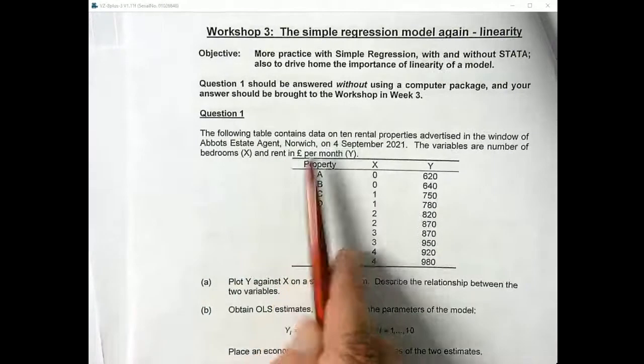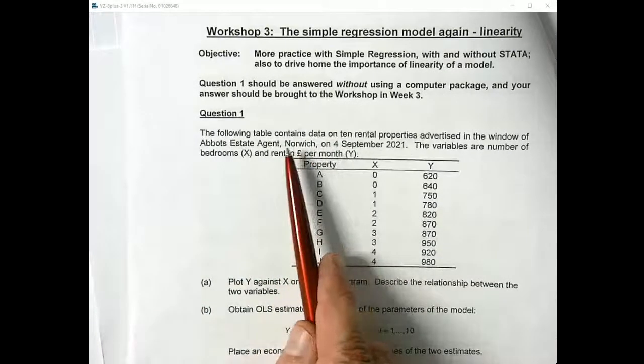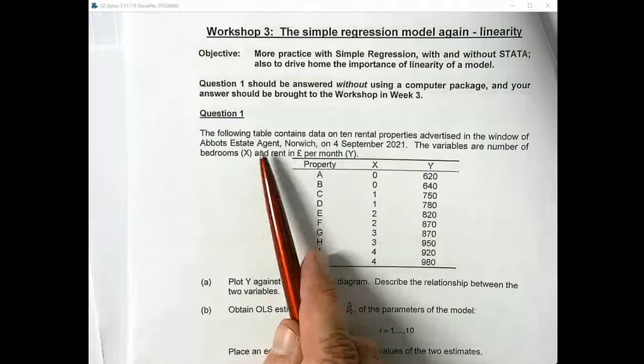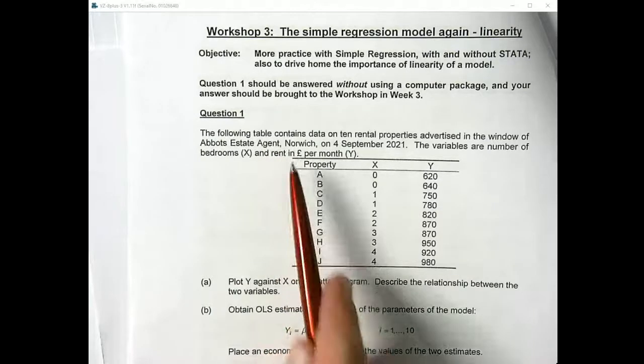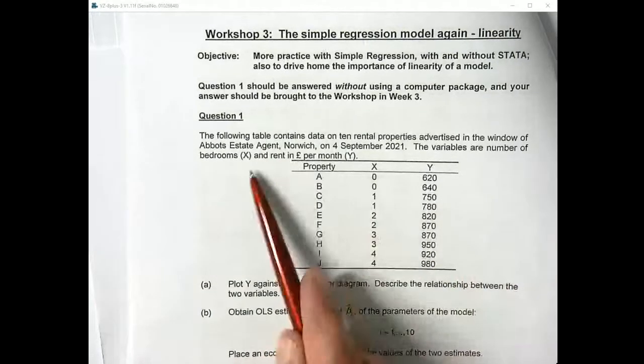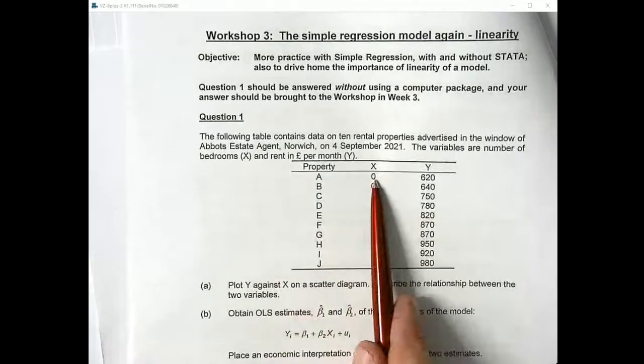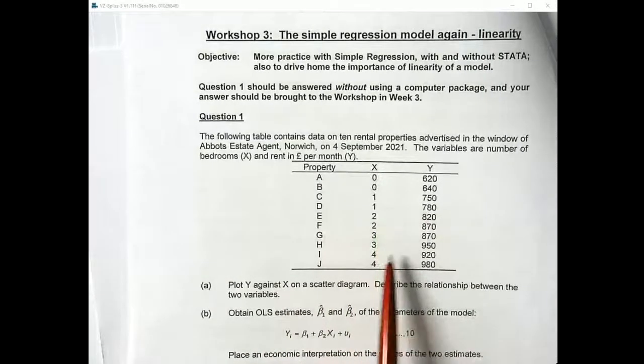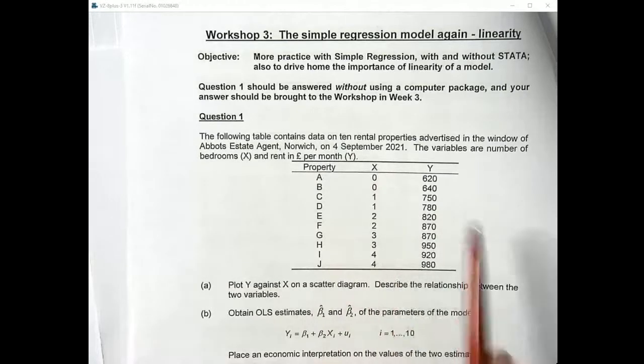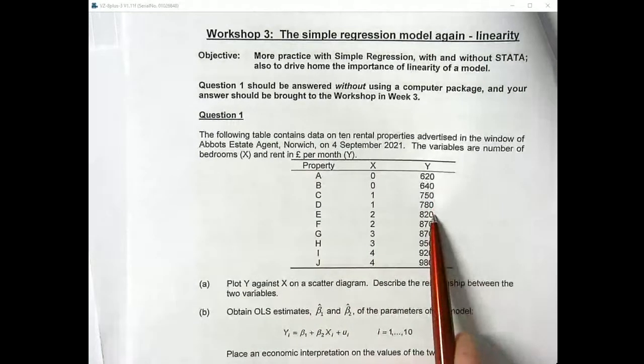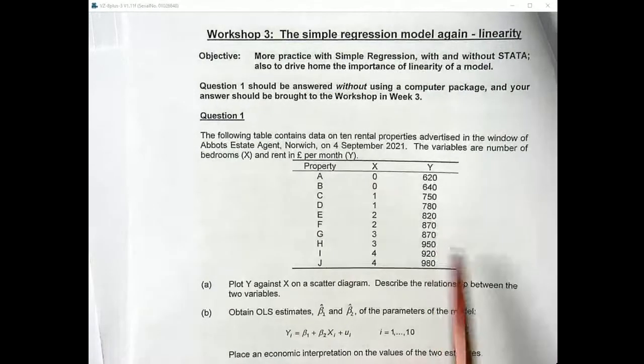The following table contains data on 10 rental properties advertised in the window of Abbott's estate agent in Norwich on 4th September 2021. Number of bedrooms is X, 0, 0, 1, 1, up to 4. This is real data, by the way. And Y is rent in pounds per month. So what are we doing here?